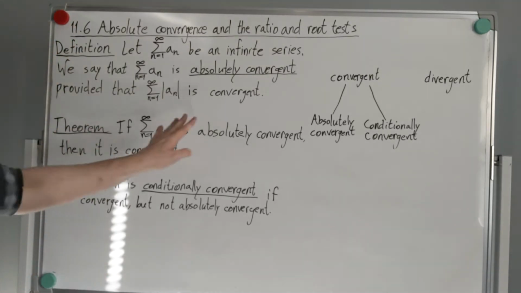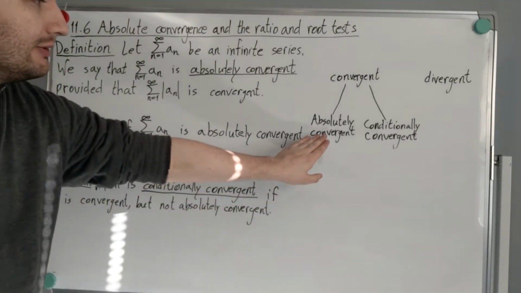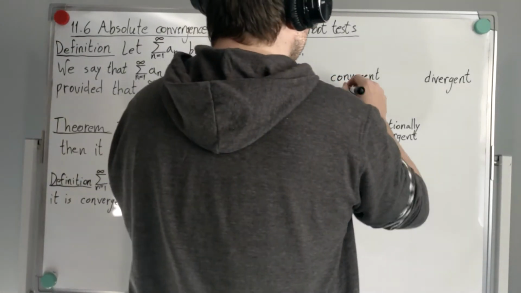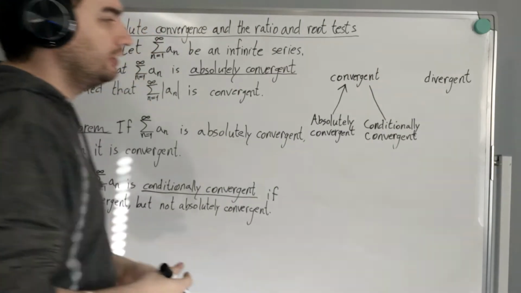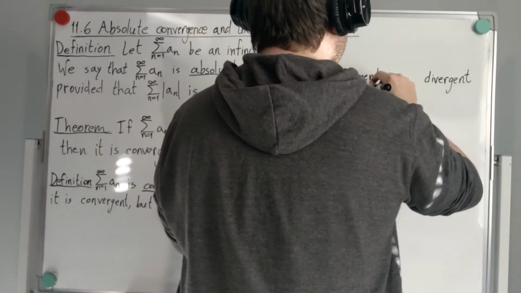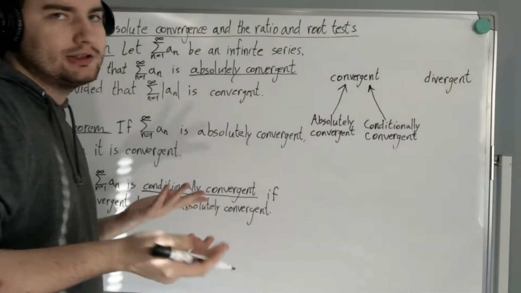So what this theorem here is saying is that if you can show that something is absolutely convergent, well, that means it's convergent. Okay, so this arrow goes like this. Also, if it's conditionally convergent, then I guess that also makes it convergent, although that's harder to show.